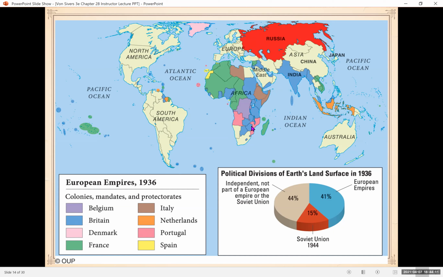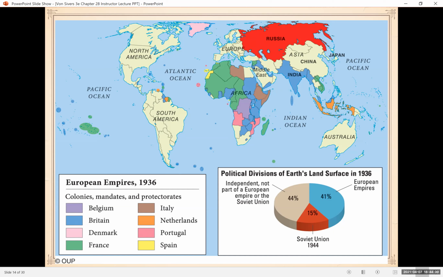They will have colonies in Africa. The pale colors are the independent nations. So we see so many of these areas like Indonesia, India, the Middle East, and Africa still having the effects of colonization.